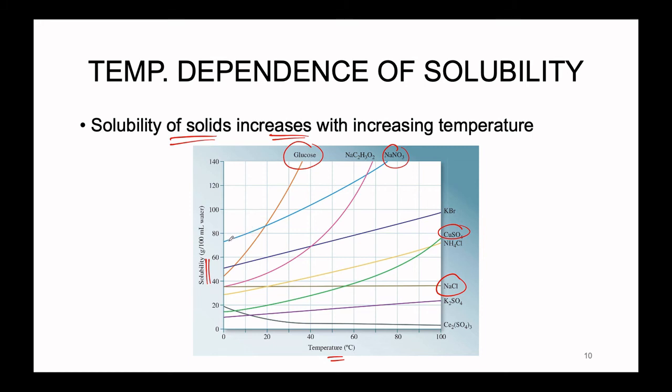So the solubility of your solution goes up with increasing temperature. The only material that has a negative association on this graph is cesium sulfate, which is a mostly insoluble compound in the first place. Now we can see most of these solids have a linear or a mostly linear relationship between solubility and temperature.